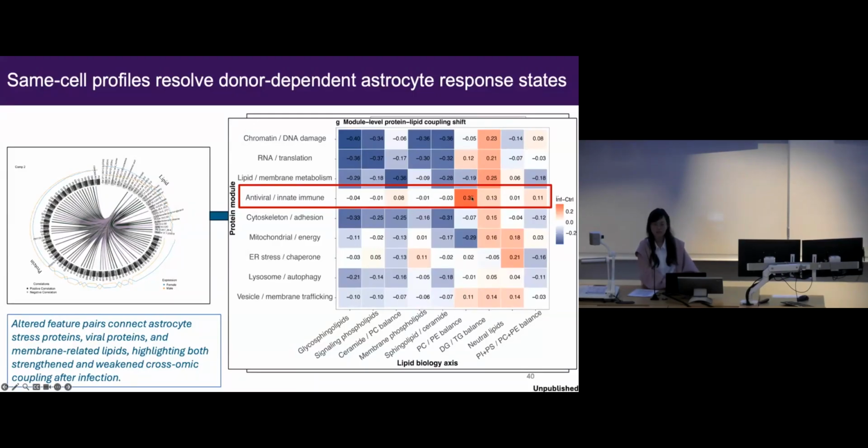The red color means positive correlation between those proteins and lipid programs. So as we said, infection does not change only one layer of the features. Instead, it rewrites the protein and lipid programs together.